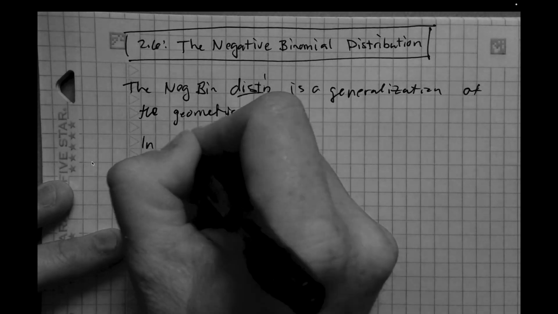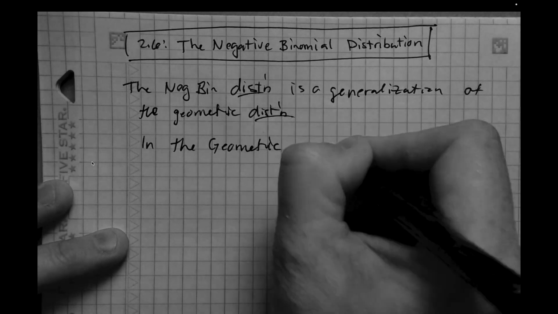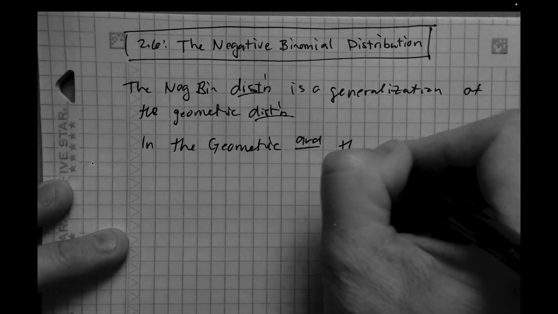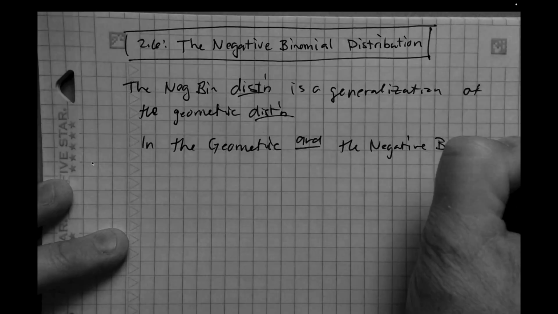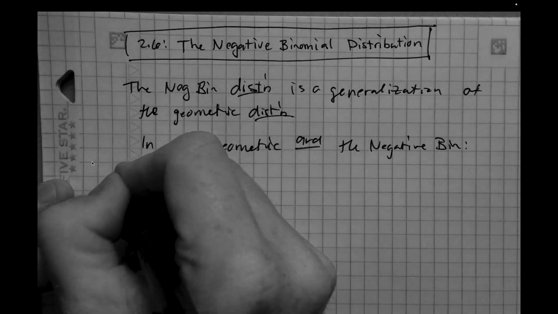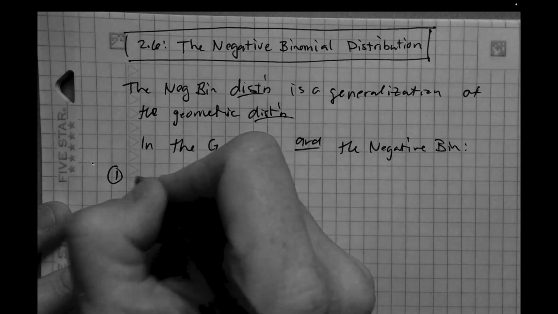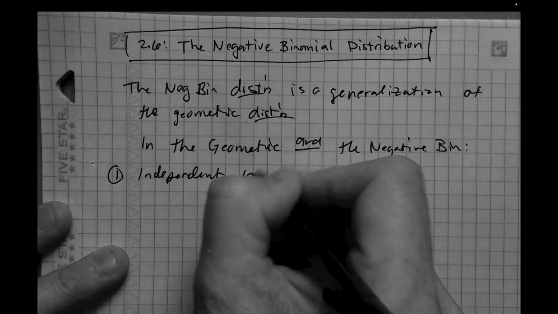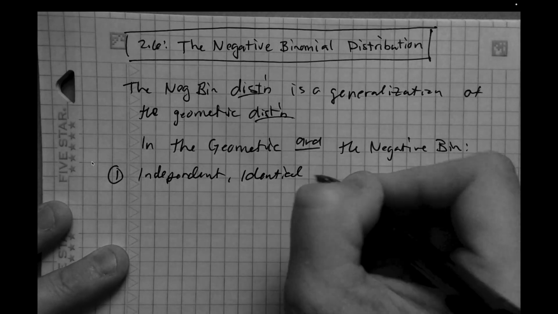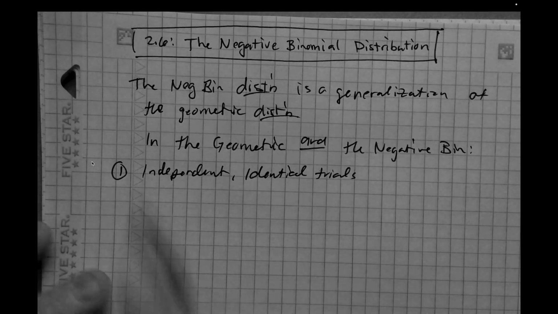In the geometric and the negative binomial, what do they both have in common? Well, both of them have independent identical trials. No difference there.